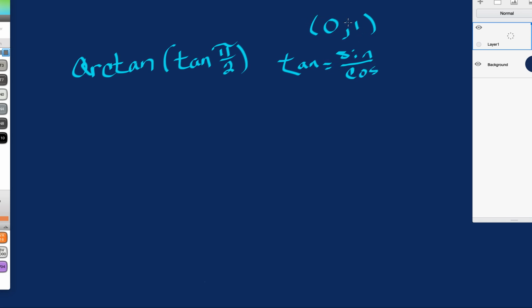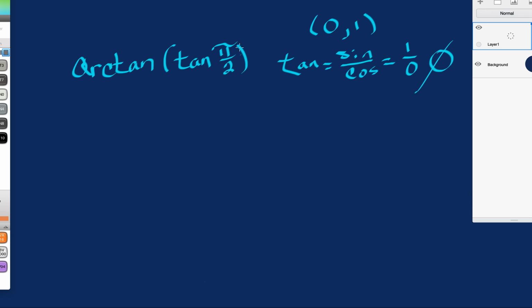right? Well, wait a minute. That's going to equal the tangent of 1 over 0. The tangent is 1 over 0. Well, that's undefined. That doesn't exist, right? So I can't find the inverse tangent of something that doesn't exist.